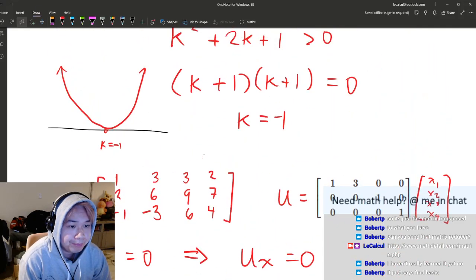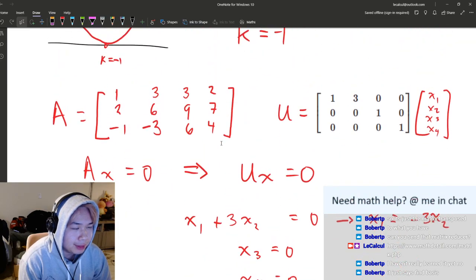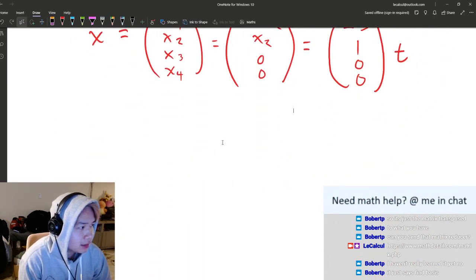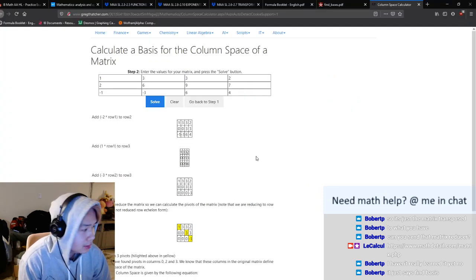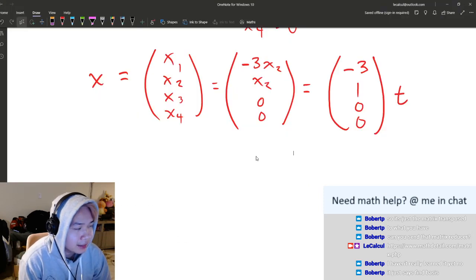Okay, so what I'm doing is finding, I think, the null basis, which is a basis. It's not the basis. I don't think there is the basis.